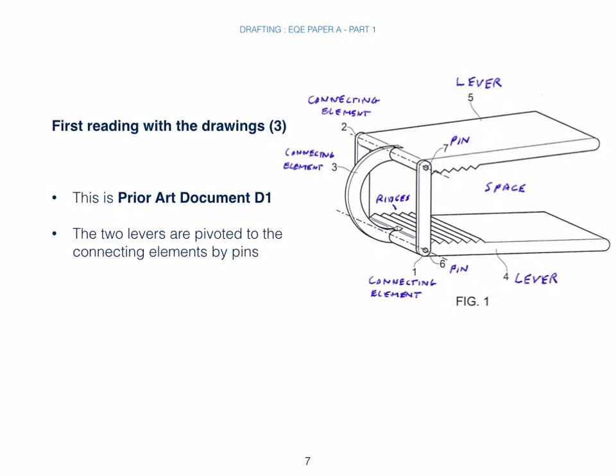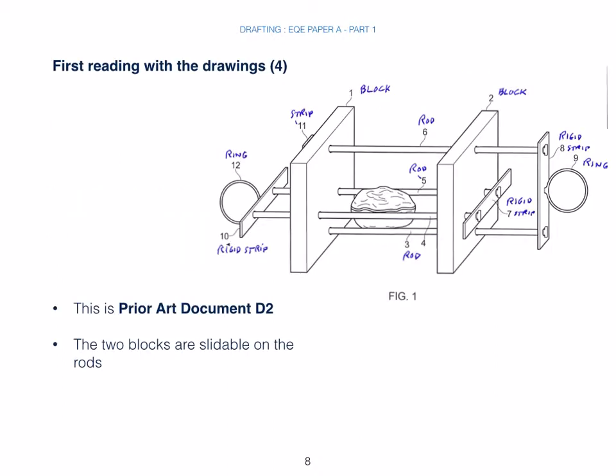Next is prior art document D2 and its drawings. Here we have figure 1 of D2.